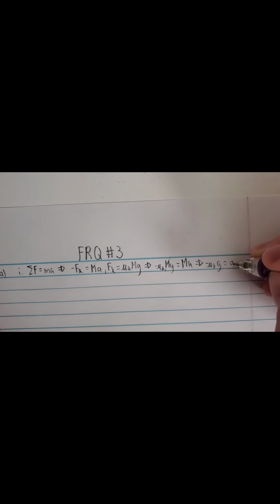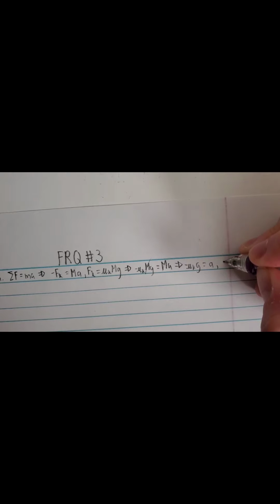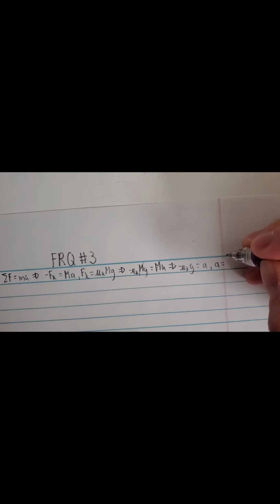Now we want to have a differential equation for linear velocity as a function of time. So I can express my a in terms of v and t. a is the change in velocity over the change in time, which is also the same as dv over dt.